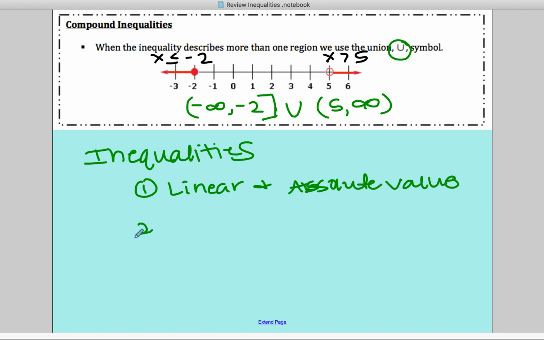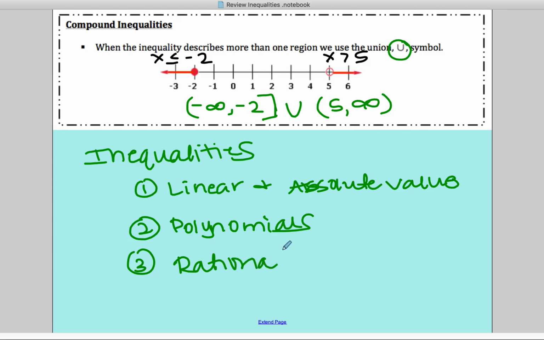Then we are going to solve polynomial inequalities, like your quadratics or your cubics. And then the third type of inequality we're going to solve are rational inequalities. So we're going to do that in the upcoming videos.